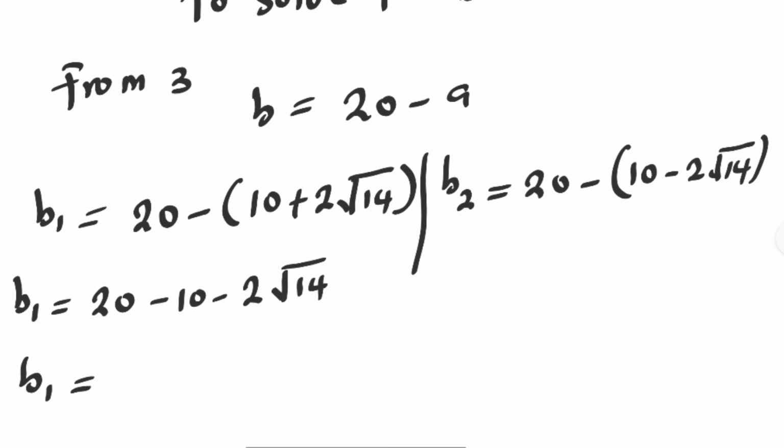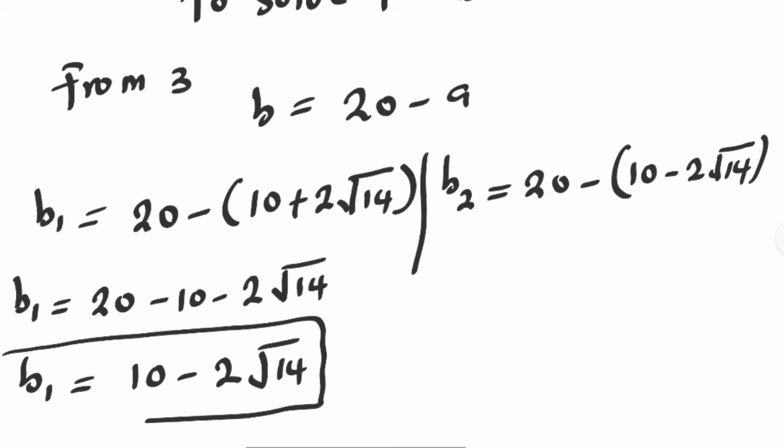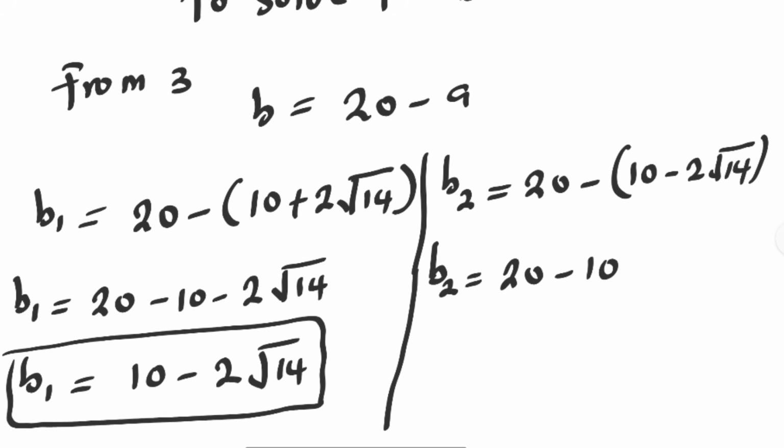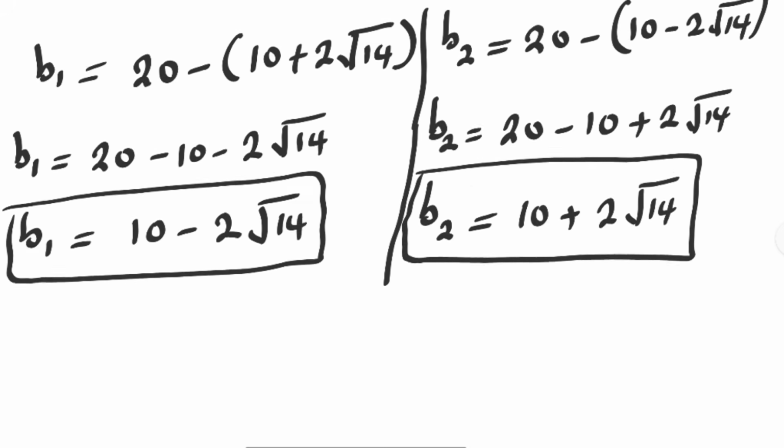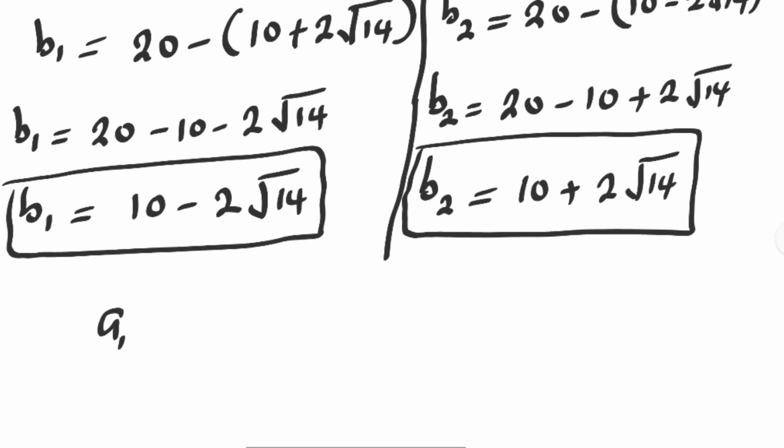B1 is equal to 20 minus 10, this is 10 minus 2 square root of 14. Here is the value of B1. Then B2 is equal to 20 minus 10 plus 2 square root of 14. B2 is equal to 20 minus 10, this is 10 plus 2 square root of 14. This is the value of B2.